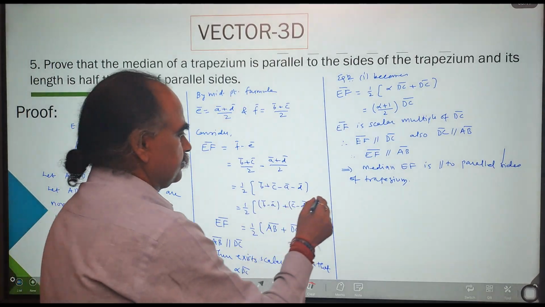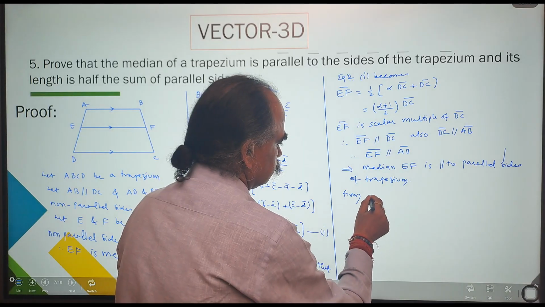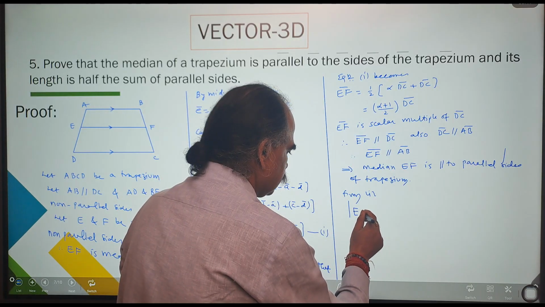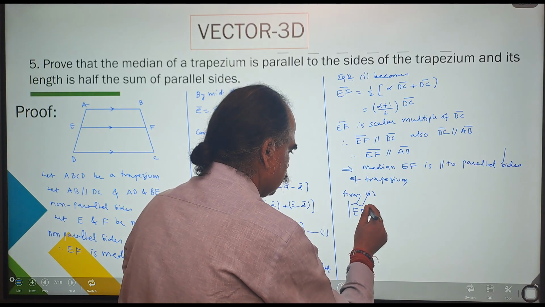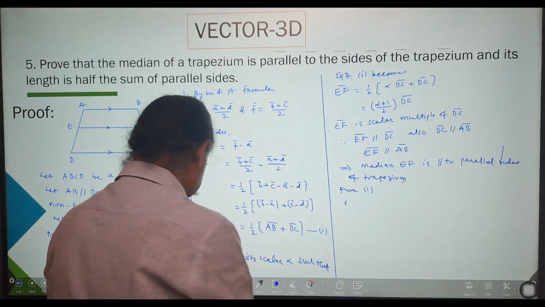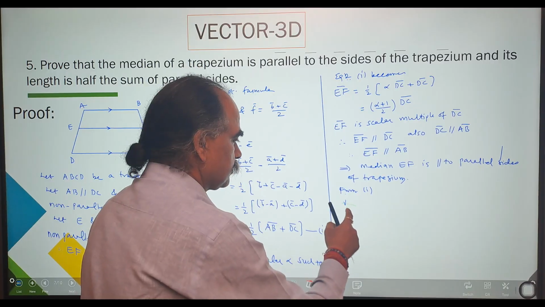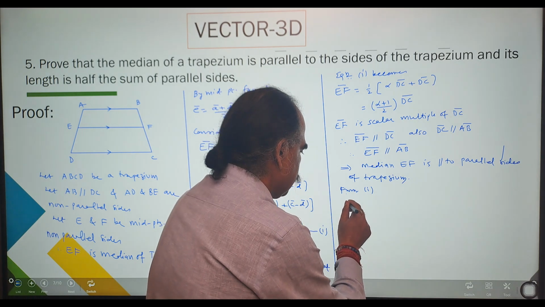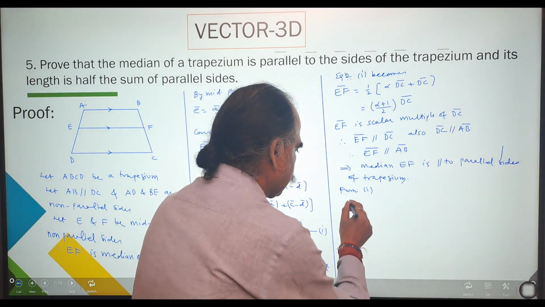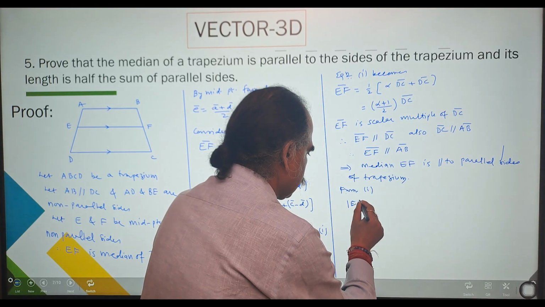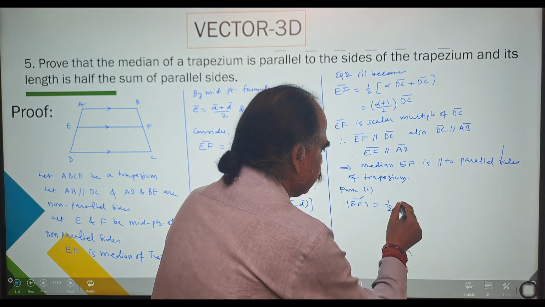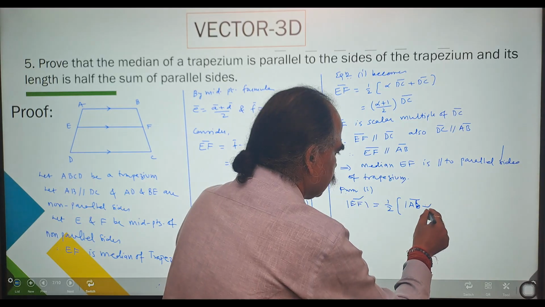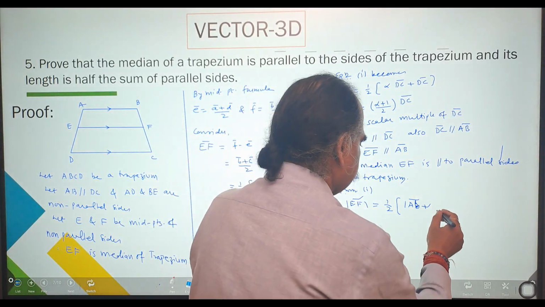From equation number 1, magnitude of EF bar is half of magnitude of AB bar plus magnitude of CD bar, DC bar.